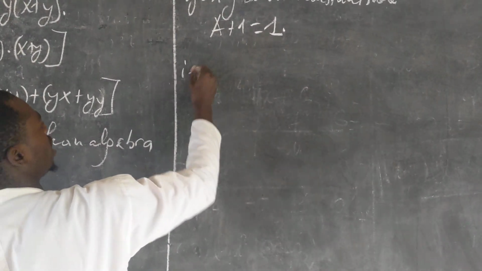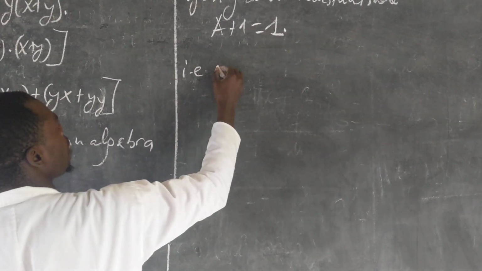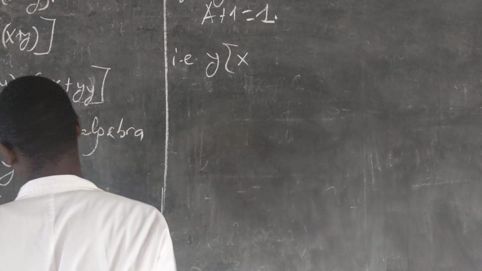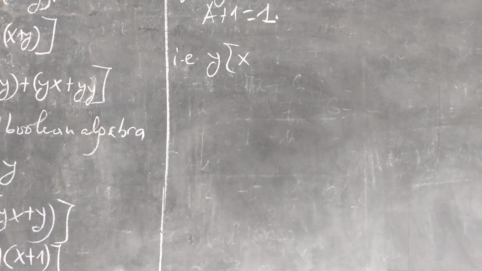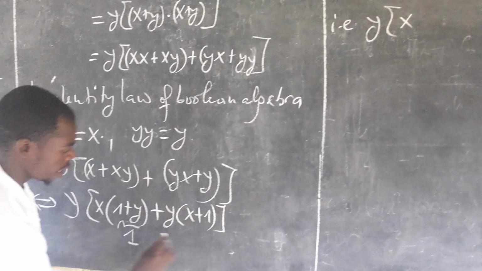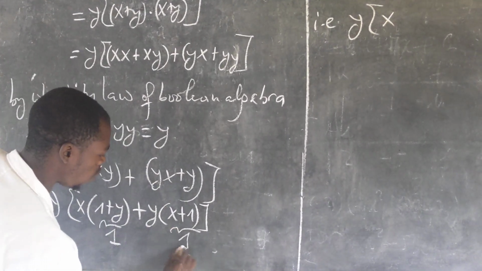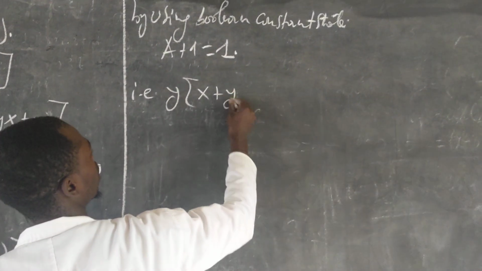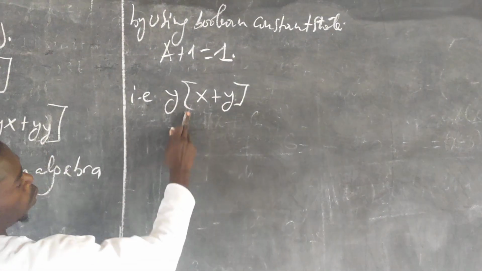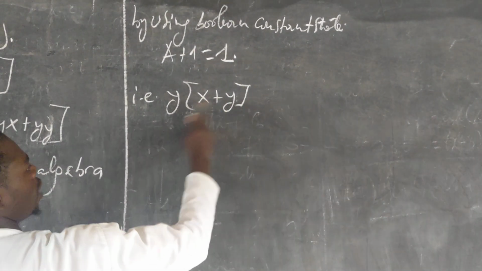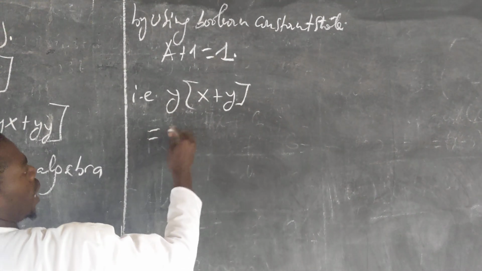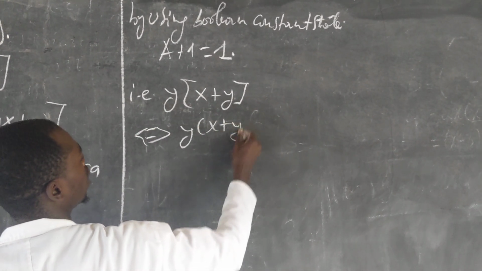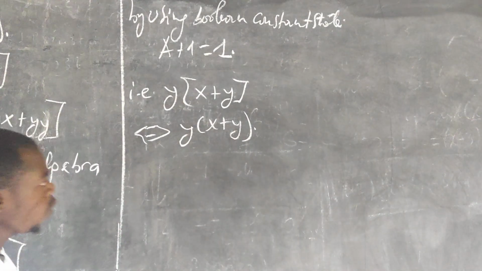So now it means here we have y, square bracket x, meaning that this will be equivalent to 1, and this will be equivalent to 1, and then here we have x plus 1. So now, to reach here, it is not necessary to use this square bracket. You can say yx plus y.